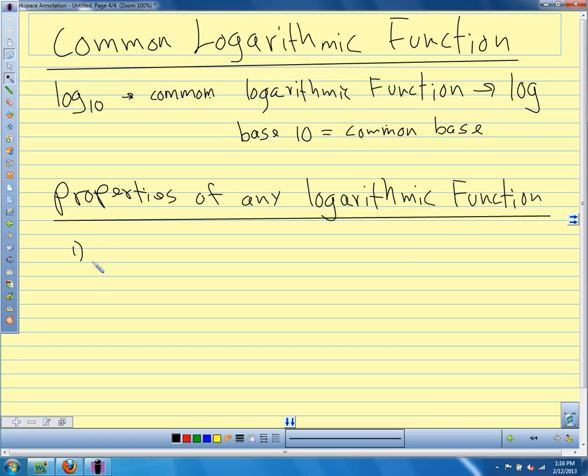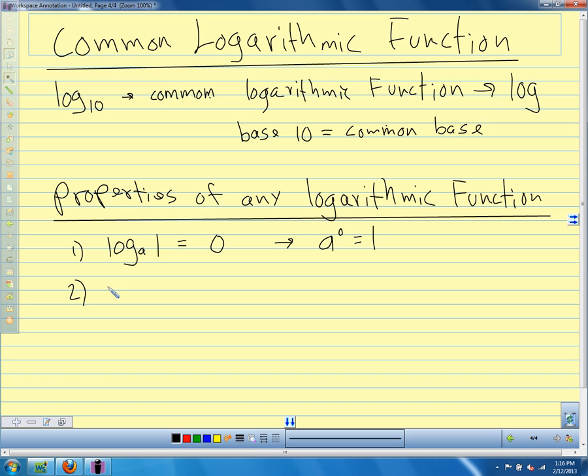We have several of them. Log to the base a, any base, of 1 equals 0. This is for any base. And that is because a to the 0 always equals 1, no matter what.